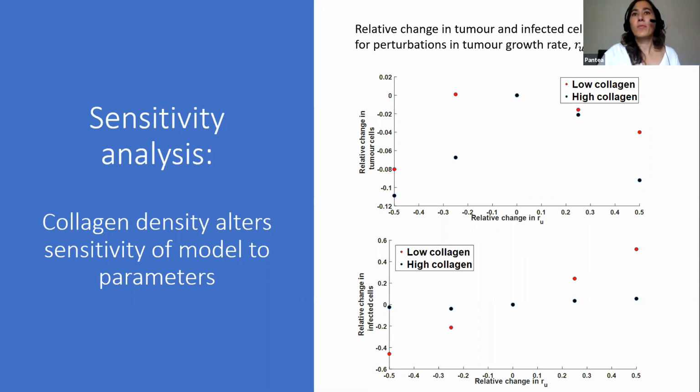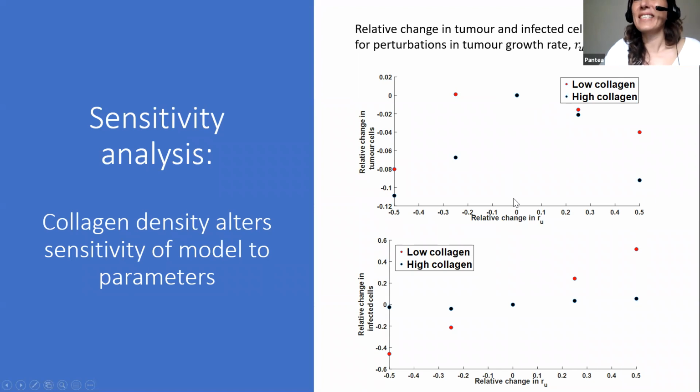So here we've got the relative change in tumor cells from some chosen value. Here, we've got the relative change in infected cells. And the parameter that I'm showing you here is the tumor growth rate. If we perturb the tumor growth rate, if it's slower than the one that we chose, so if we reduce the tumor growth rate, we see that in low collagen, the virus... sorry, I can just hear something in my microphone.